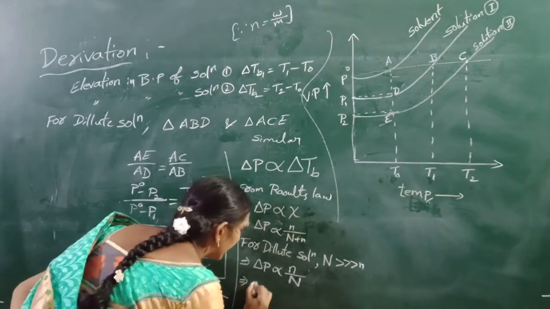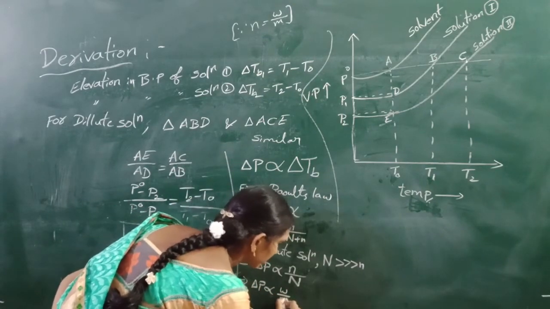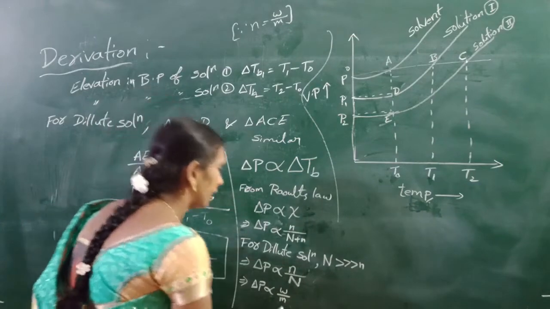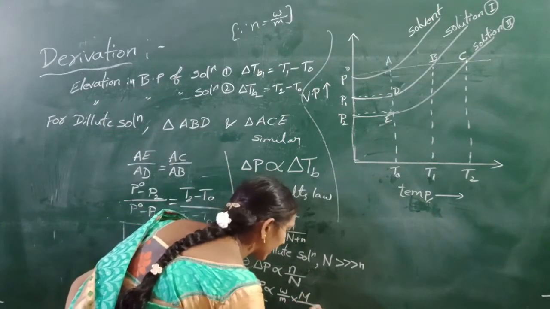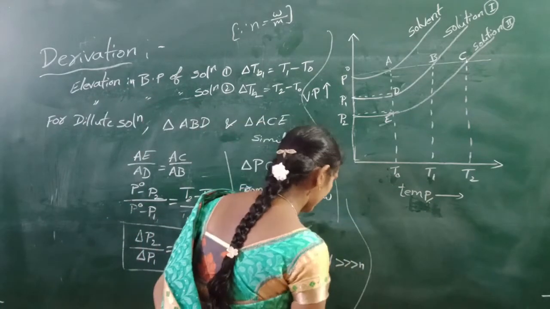That means delta P is directly proportional to small w by small m into capital M by capital W.